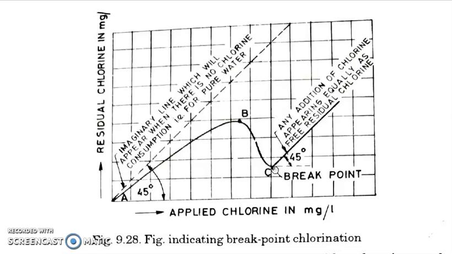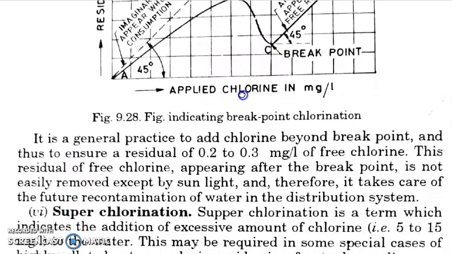So beyond that point, whatever amount of chlorine you add in the water, it will remain as it is. Therefore you will get a straight line exactly parallel to this line, which is, see here what is written, any addition of chlorine appearing equally as free residual chlorine. So whatever amount of chlorine you apply, everything is going to come as residue. So this point C is called the break point. So this much you have to explain.